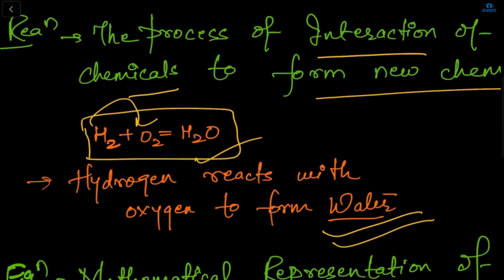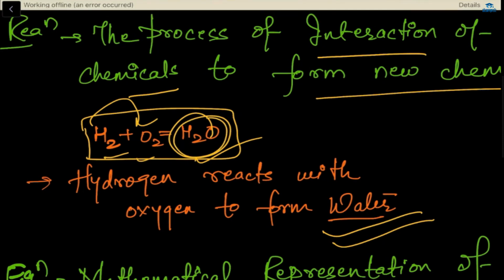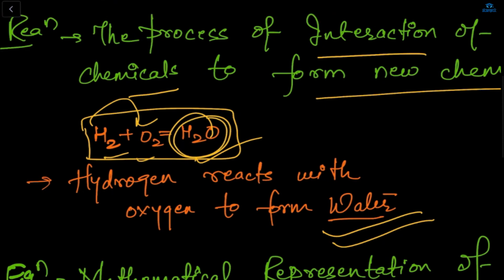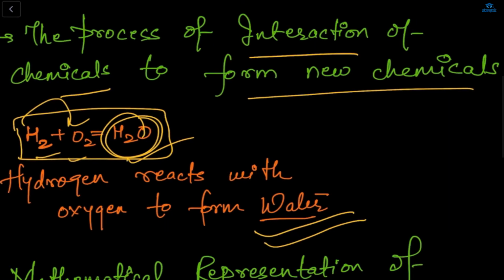That's your chemical reaction. Okay, any doubt here? What is a chemical reaction? No, ma'am, basic definition understood. Okay, Ria, understood. So the process of interaction of two chemicals to form a new chemical, right? Hydrogen and oxygen are different, and if these two combine, they form a new chemical. So this is your chemical reaction.